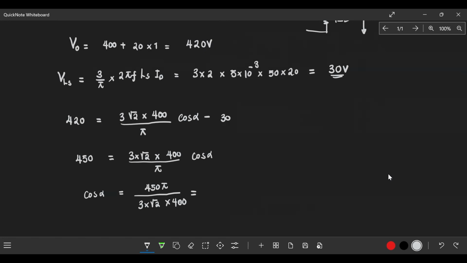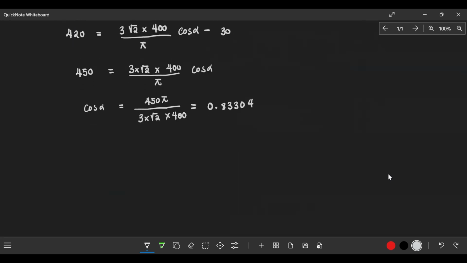So let's see. 450 pi over 3 times root 2 times 400. I'm getting 0.833. So to find alpha, I can just take cosine inverse of that.